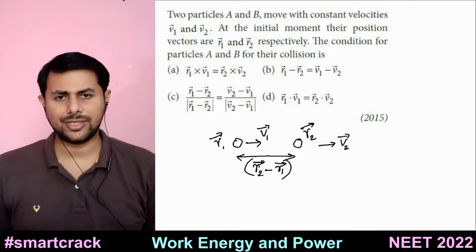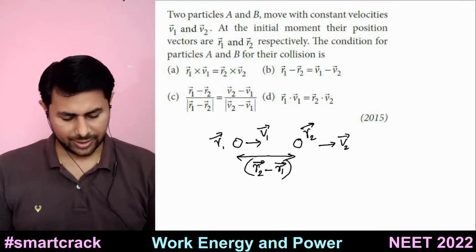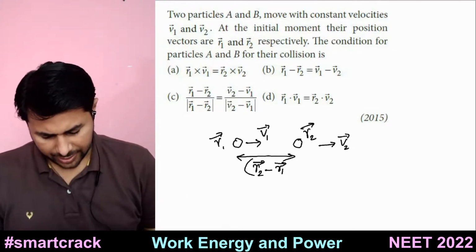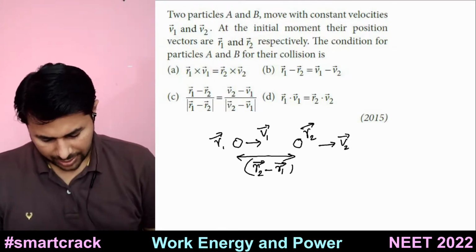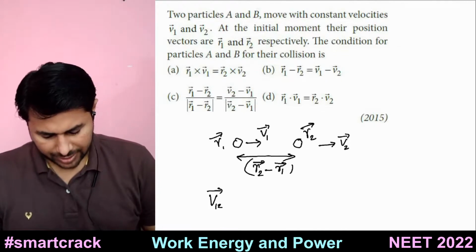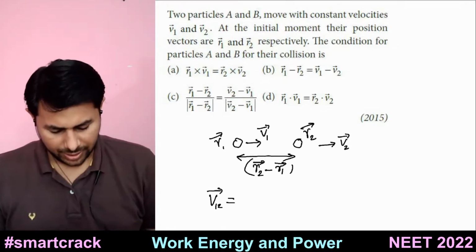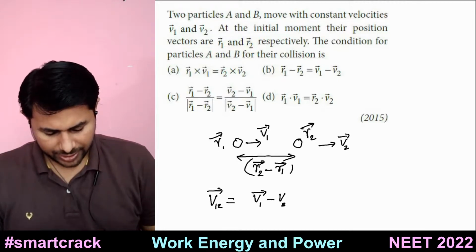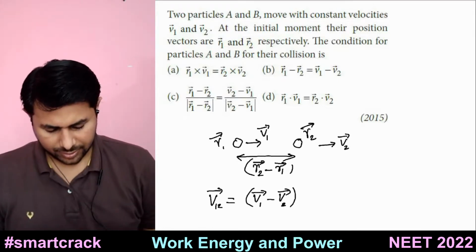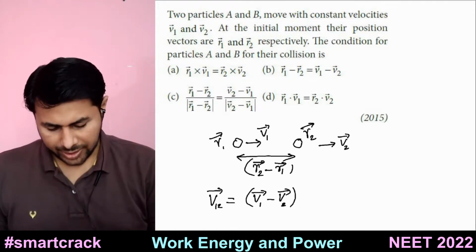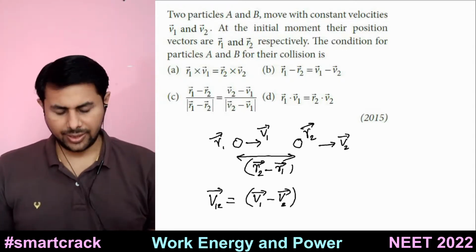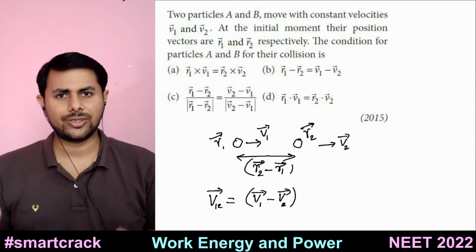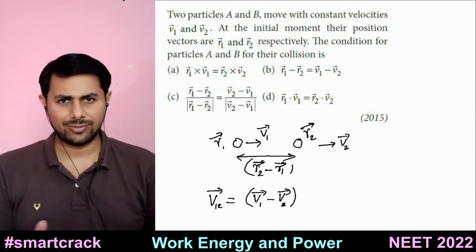How much is the relative velocity of first with respect to second? I can write that v12 bar is the relative velocity of first with respect to second. So it is velocity of first minus velocity of second, right? If there is no acceleration, then the relative displacement to be covered will be equal to relative velocity multiplied by time, right?